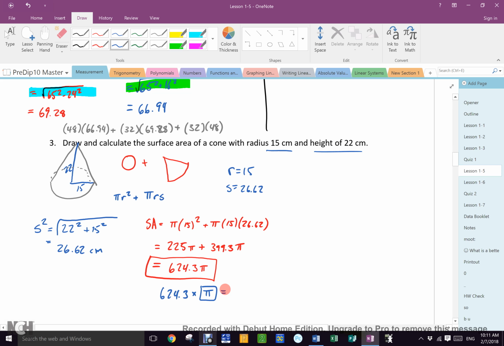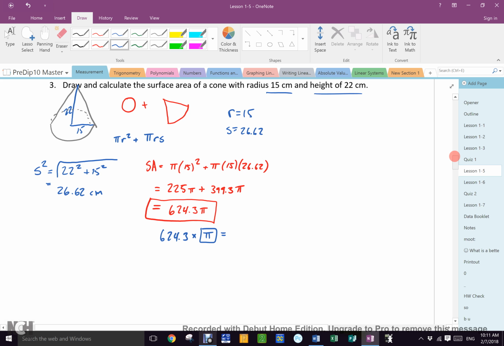Everybody cool? This is math class. This is real world. Because in the real world, you don't say, yeah, my circular lawn is 27 pi. Everybody good? Okay. I'll leave that up for a second.